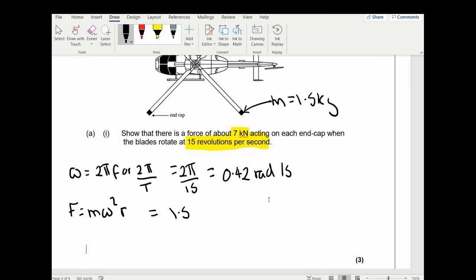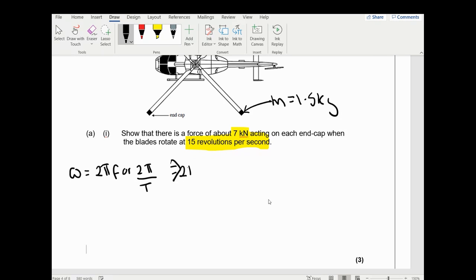My omega's wrong. I was thinking my omega felt a bit small. It's 15 revolutions per second, so I'm actually going to be using 2 pi times 15. That's why it was going a bit weird. I was thinking that seems really low. 94.24. That sounds a bit better.